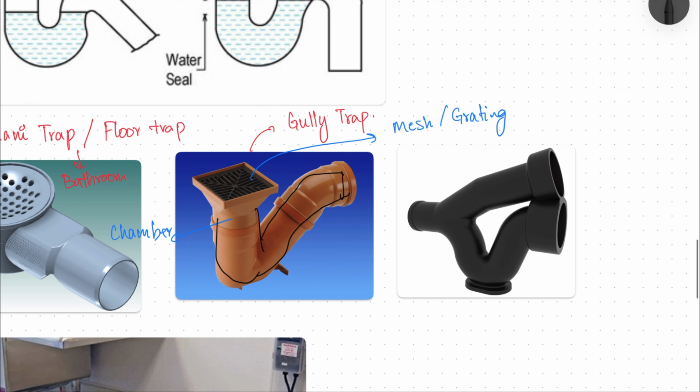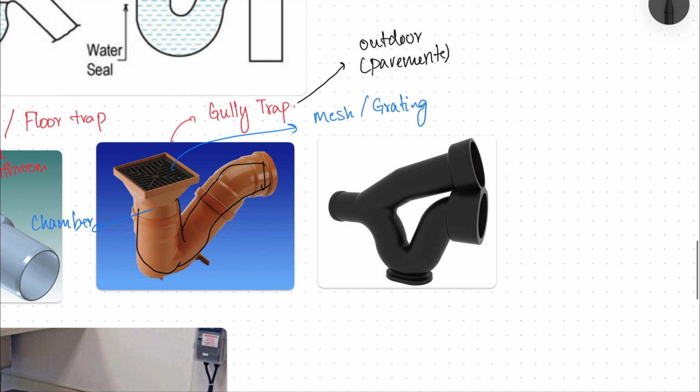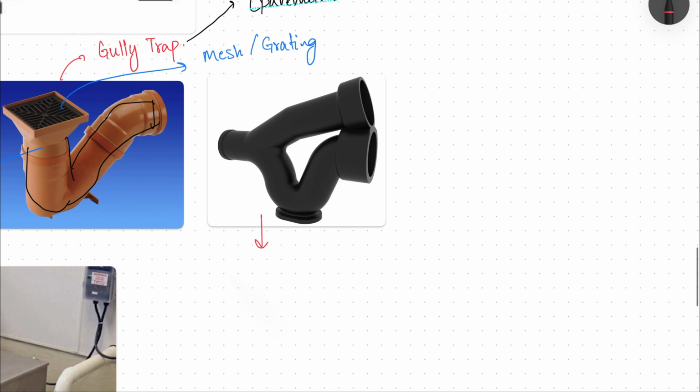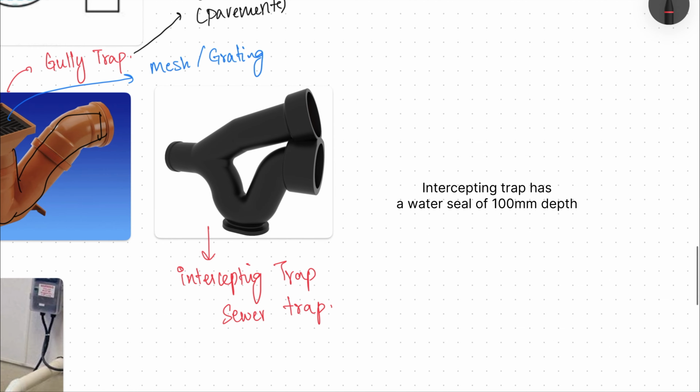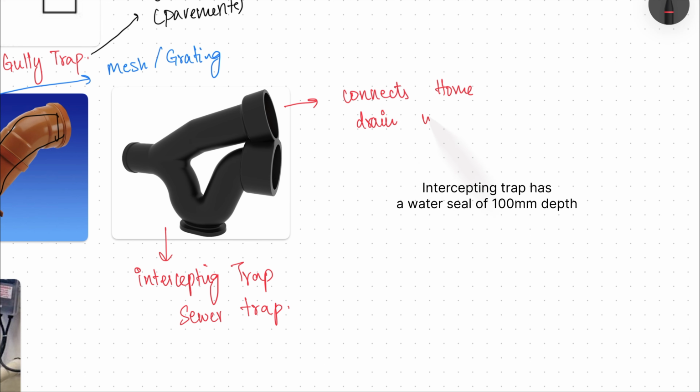So we have intercepting trap. It is also called the sewer trap. So this is basically the trap that connects your home drainage to the municipal drainage, and it also stops the foul smell and the sewer gas from getting into your home or your building from the municipal sewer.